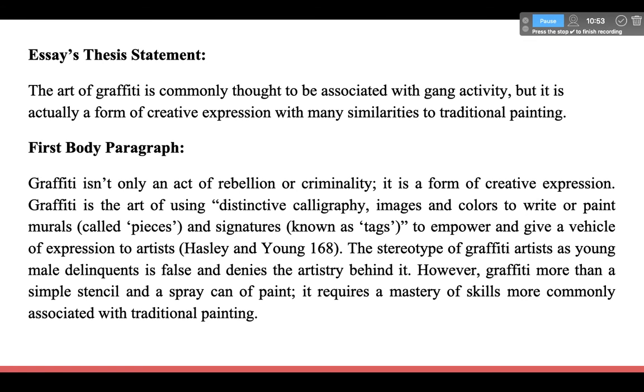And then here, this is called an in-text citation, which we'll talk about a little bit down the road. But this is just how you give credit to your evidence. The stereotype of graffiti artists as young male delinquents is false and denies the artistry behind it. However, graffiti, more than a simple stencil and a spray can of paint, requires a mastery of skills more commonly associated with traditional painting.